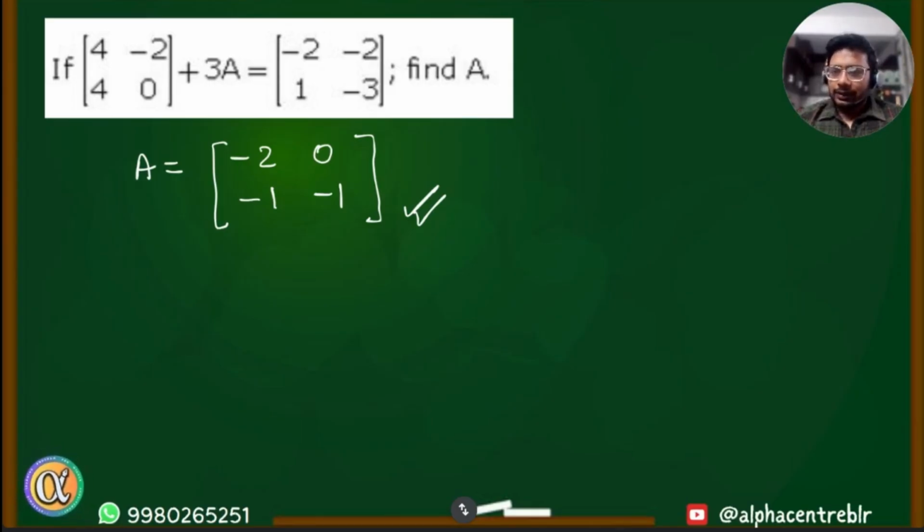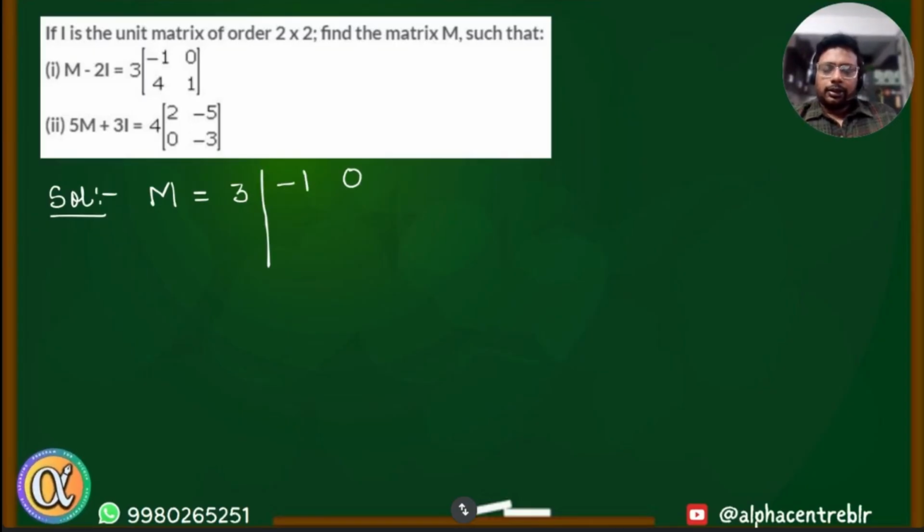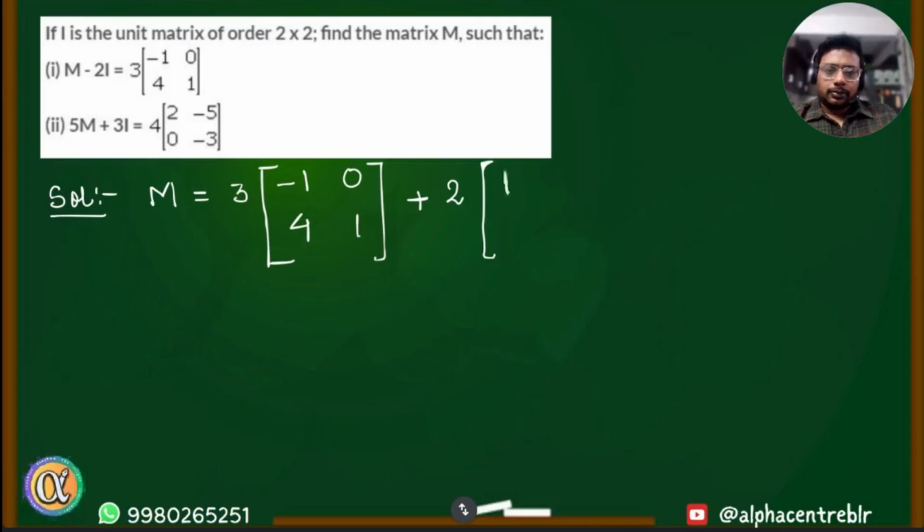Let's try another question: how to solve problems which have an identity or unit matrix in them. So can I tell how? Yeah, please tell. So to find M, M is equal to, so I'm just shifting the 2I to that side. Okay, very good. And then it will be plus 2 into 1, 0, 0, 1.